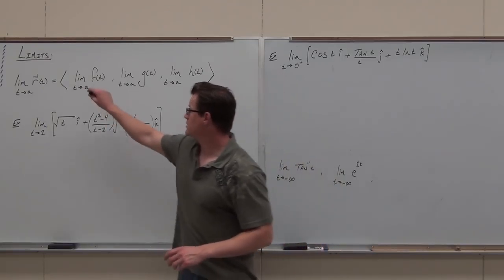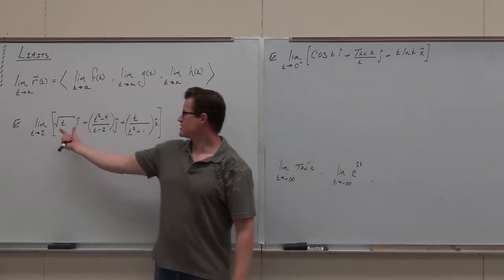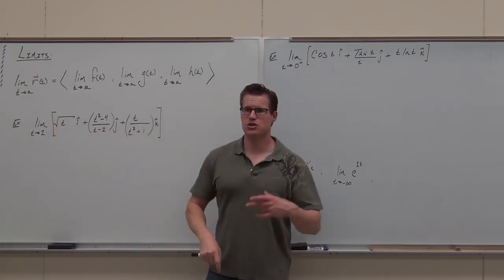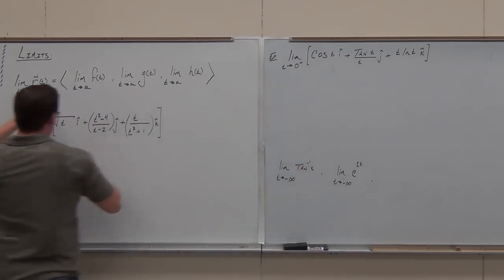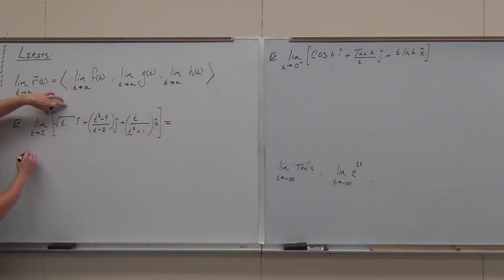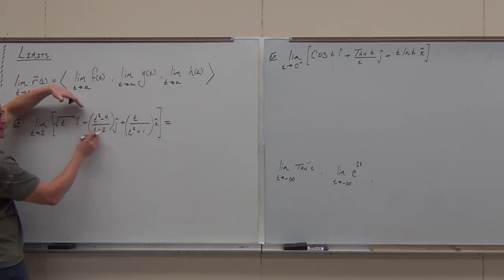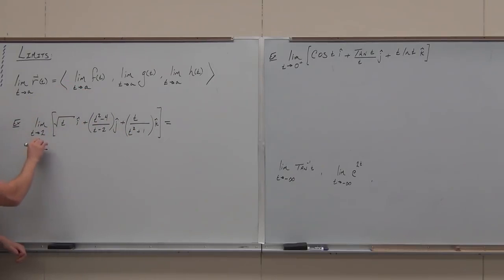Now, even though you can do these independently and just put them down, typically what I like to do is do the limit of each individual one because you're going to do different things for each component of this. For instance, if I want to find the limit of this, verify it's a vector function for sure. It's got vector notation. It's got some t's in there, t's approaching a number.